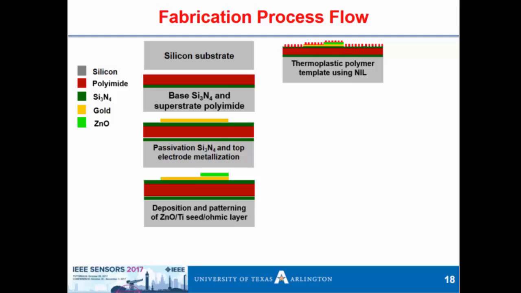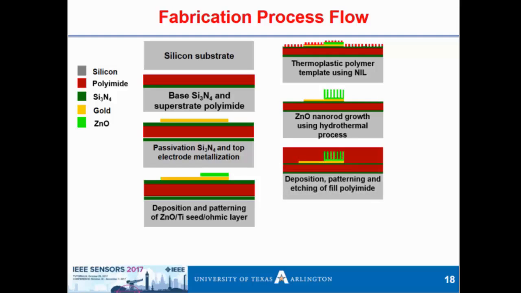So at this point, if you do a hydrothermal growth, the growth will occur only in the sections that have a seed layer at the bottom and only at the sections that have an opening. And so that's what happens. And then we remove the template and we put another polyimide on and we pattern it such that we have openings to the electrodes.